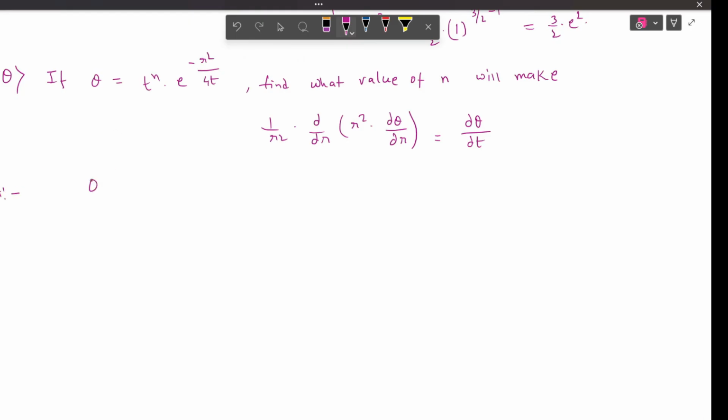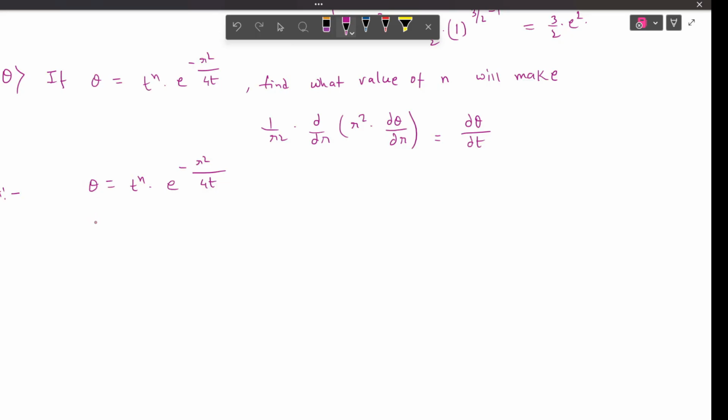Here theta is given as t to the power n e to the power minus r square by 4t. Now here we can see that we have the partial differentiation of theta with respect to r. Whenever we differentiate with respect to r, t will be constant.